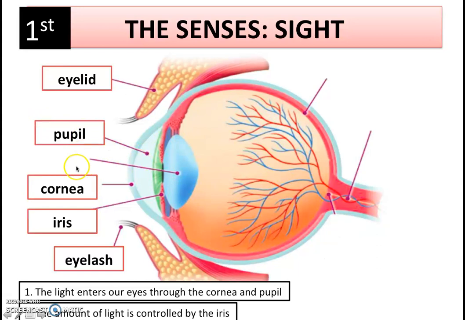Entonces, si hay mucha luz fuera, estos músculos se van a aproximar haciendo el espacio más pequeño, de tal manera que el ojo, como hay mucha luz, no necesita mucha luz, así que el espacio es muy pequeño, ¿vale? Por el contrario, si hay poca luz fuera del ojo, estos músculos se van a mover hacia afuera, haciendo este espacio más grande. ¿Para qué? Para permitir que más cantidad de luz entre en el ojo.